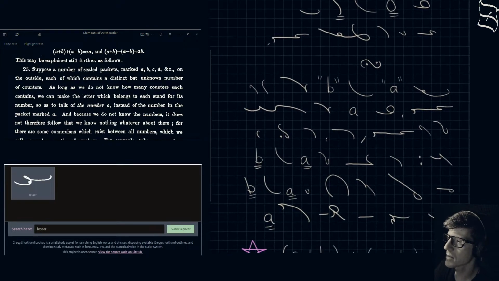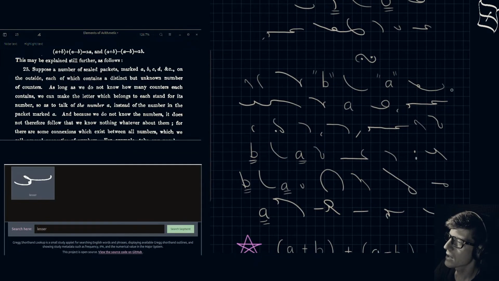Now here's the second part of that paragraph. Let a and b stand for two numbers, where a is the greater of the two numbers. Then the following is true.